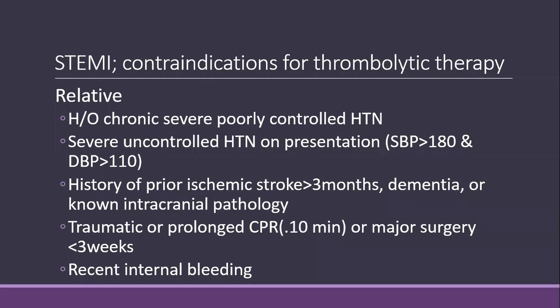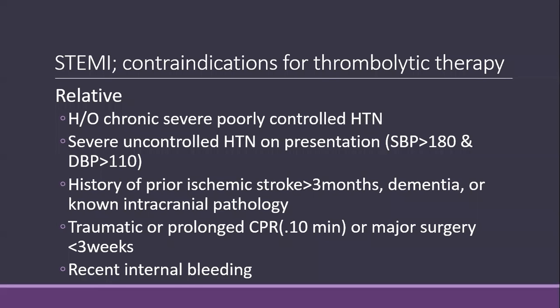History of prior ischemic stroke of more than 3 months, dementia, or other intracranial pathology is a relative contraindication. Traumatic or prolonged CPR of more than 10 minutes, or major surgery in less than 3 weeks, is a relative contraindication.